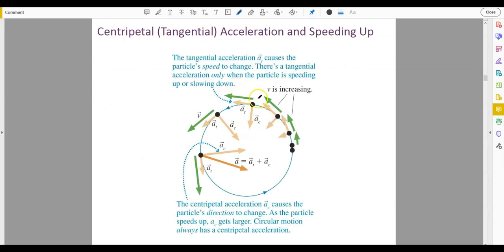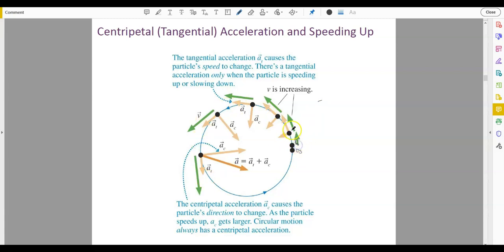Well, what we also learned in 5.0.1 is that you can speed up and slow down as you're moving in a circle, right? So we've seen this motion diagram before.